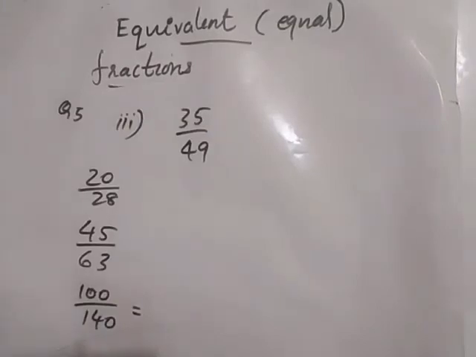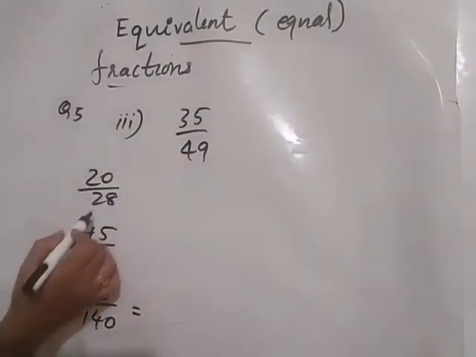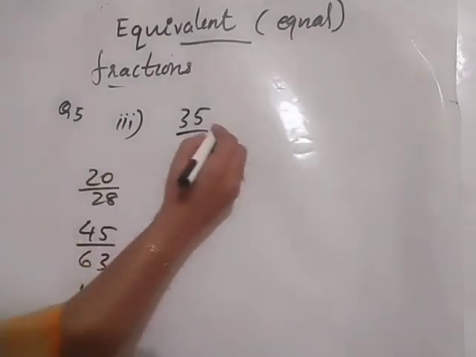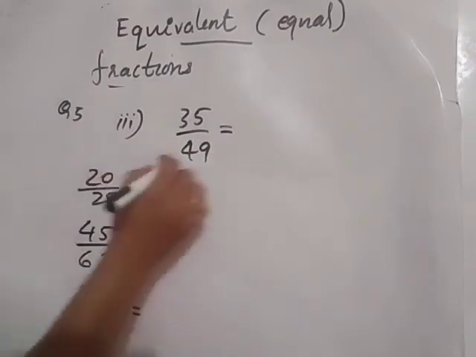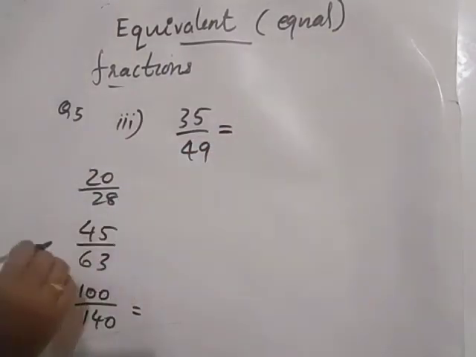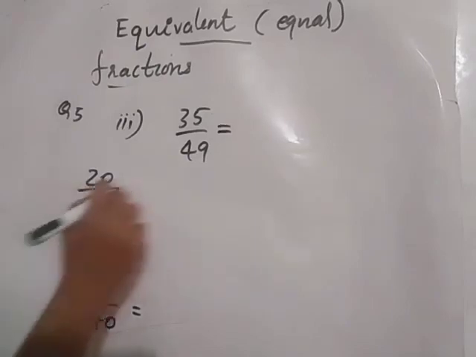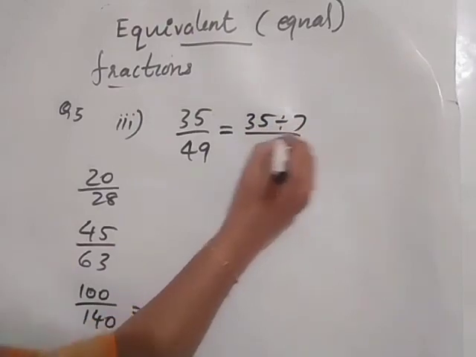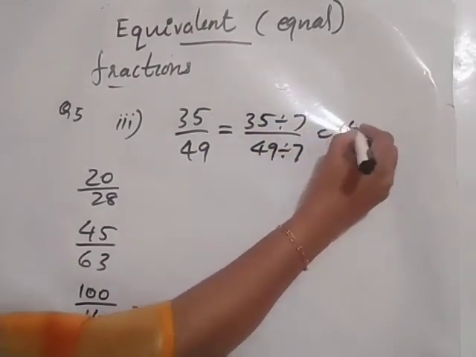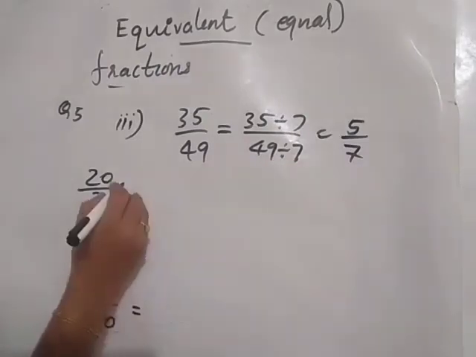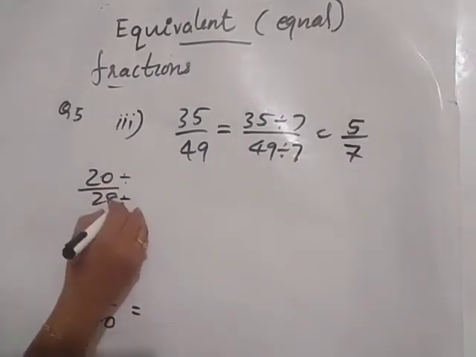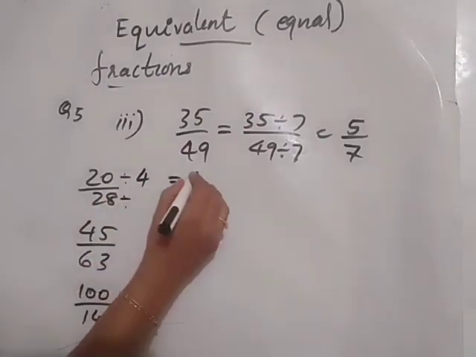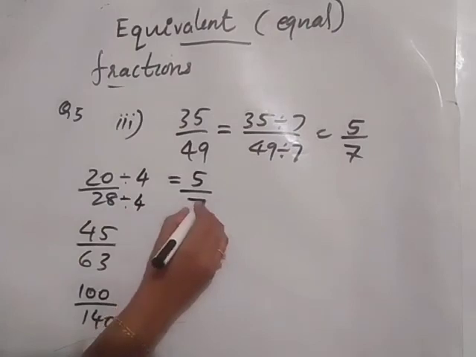Let us do the third one. Fifth one, third: 35 by 49, 20 by 28, 45 by 63, 100 by 140. Are they equivalent? First we can simplify this and find the lowest term. The HCF, highest common factor, of 35 and 49 is 7. So 35 divided by 7, 49 divided by 7 gives 5 and 7. Here these two terms are divisible by 4. Highest common factor is 4, giving 5 by 7.